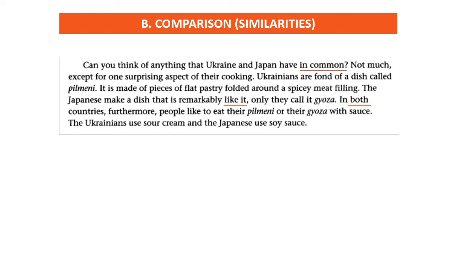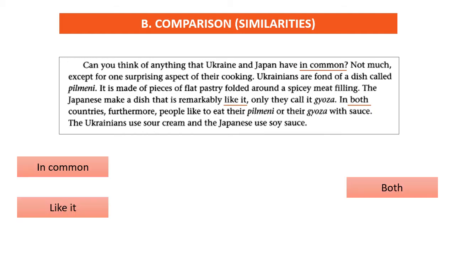Alright, what is your answer for this paragraph? Let's discuss, starting from its signal words. Here we have three signal words: in common, like, it, and both. So what are the references for these signal words? Starting from in common, this signal word shows us an aspect of Ukraine and Japan cooking.